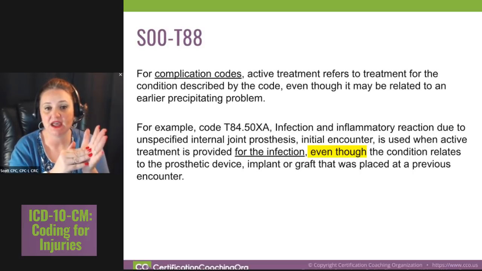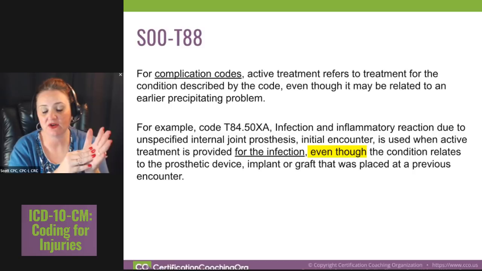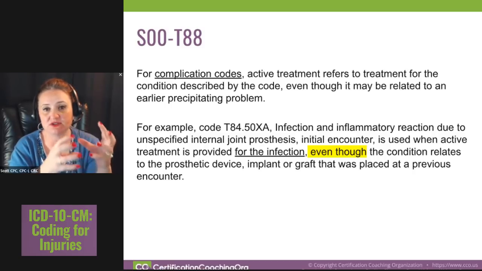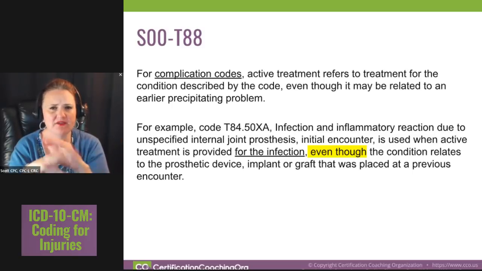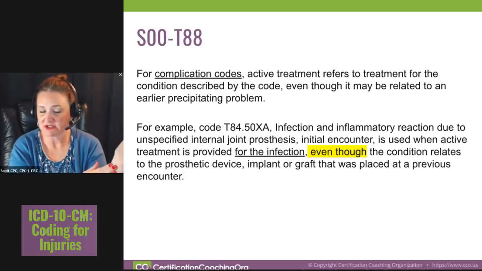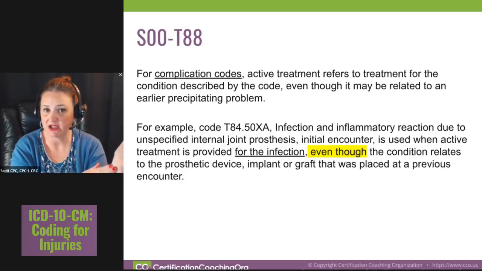So let's say the patient had severe arthritis of the knee and degradation of the joint, and so they had their knee replaced, and we're a month in, everything was going fine, and all of a sudden now we have an infection and inflammation of that knee due to the prosthetic. Okay, we're starting the process all over again. It's not due to the arthritis, right?